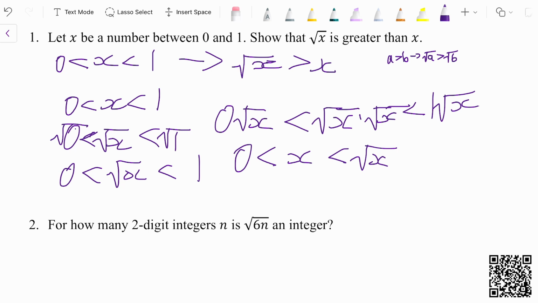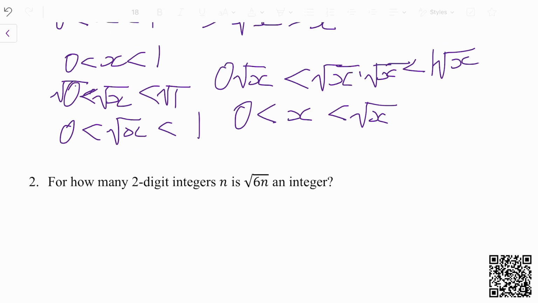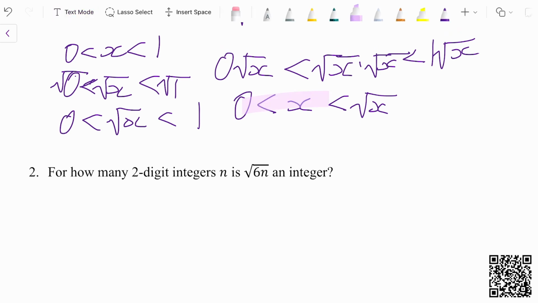This is a very good way to prove that the square root of x is greater than x, because it literally just shows it in the equation. If we look at this part of the equation, it's already saying that x is less than the square root of x via the proving steps. I don't really know what to highlight here because it's kind of the entire thing, so I'll just highlight the answer.